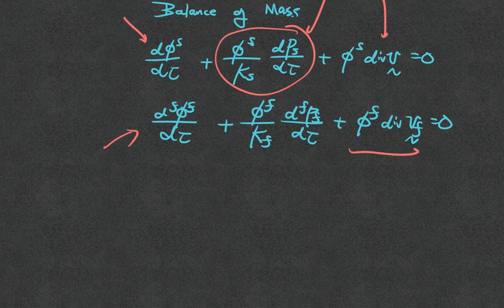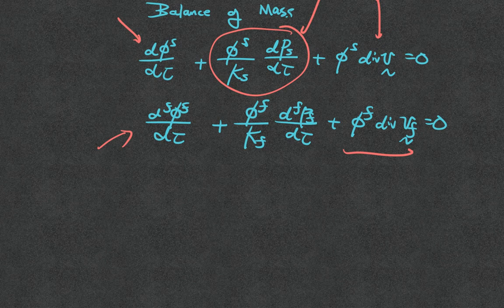Okay, so let me put some numbers in so that it's actually more meaningful. In many cases, at 1 atmosphere, the bulk modulus of water is about 10^7 kilopascal, or how many megapascal?